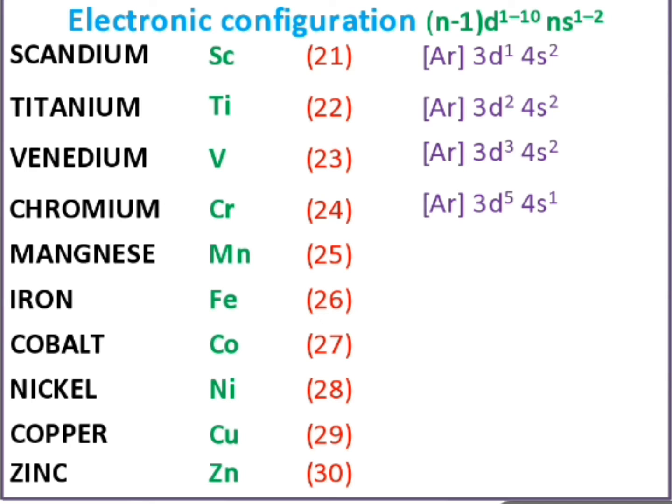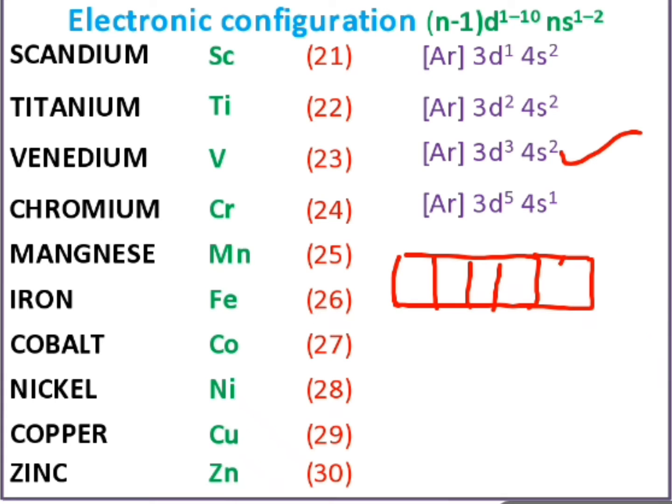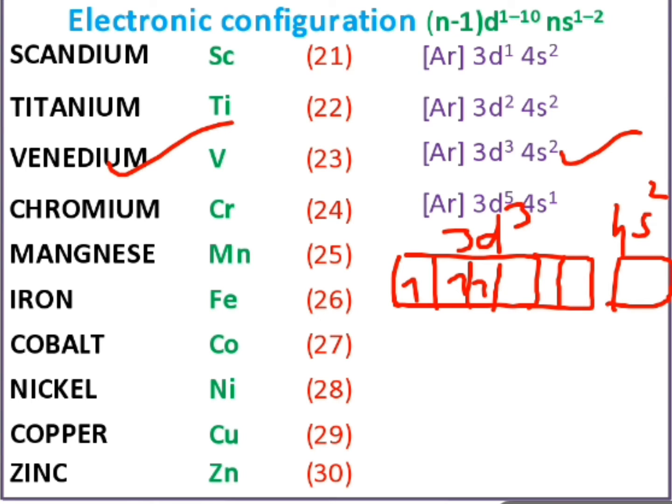From here the configuration will be 4s2 and 3d3. 3d3 means 3 electrons are present in the 3d orbital in case of vanadium. In case of chromium, 4 electrons are present in the d orbital and 2 electrons in the s orbital.